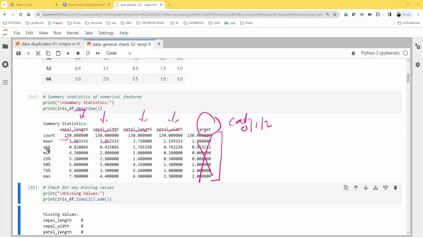Likewise, for standard deviation, check whether it matches your expectations. Since you are a domain expert, you have an idea of what the standard deviation of these columns should be, and if they are not around what you expect, then there is a data quality issue. Then you look for the minimum value and the maximum value, and the distribution: 25th percentile, 50th percentile, and 75th percentile.